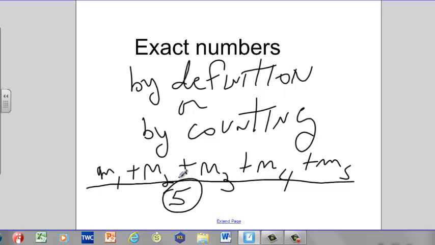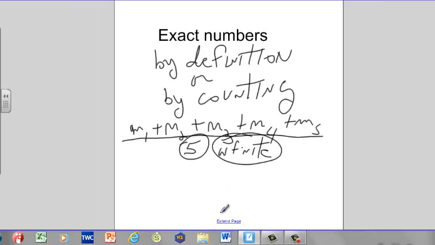You counted it. There was no estimation needed. You said I had 1 penny, 2 pennies, 3 pennies, 4 pennies, 5 pennies. Look, I've got 5 pennies. That really is 5.00000 out to infinity, just like in math class. So that guy doesn't count. That's an infinite number of significant figures.